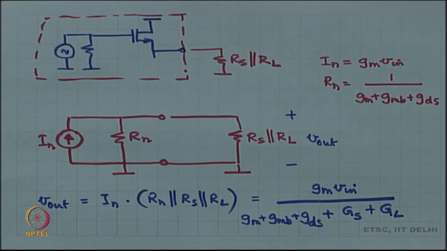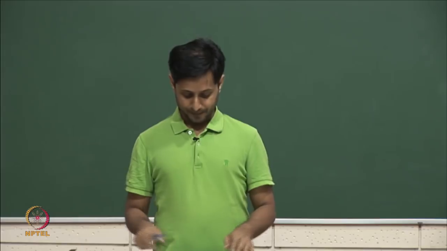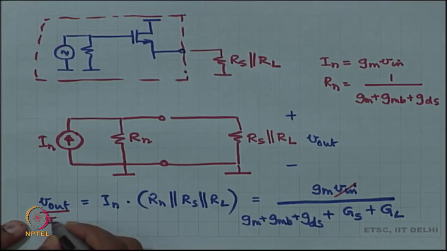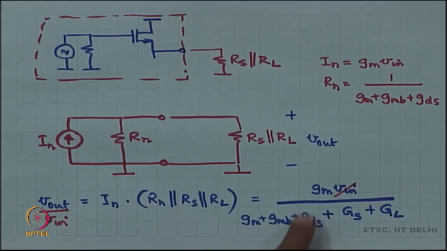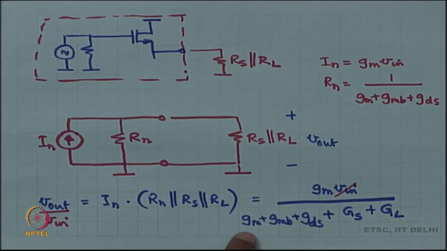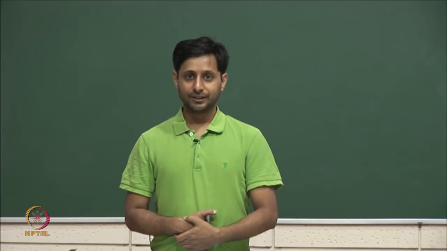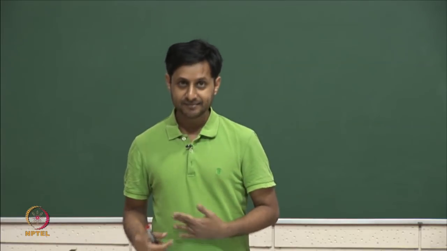So this happens to be your voltage gain, V out by V in. Fine. So the voltage gain is equal to G m by (G m plus G m b plus G d s plus G s plus G L), and naturally if you look at this fraction, this is always strictly less than 1.